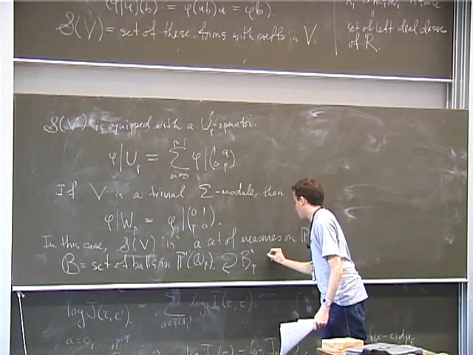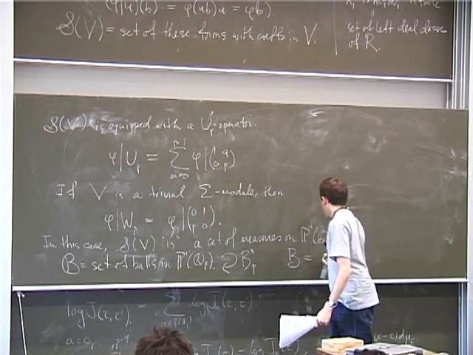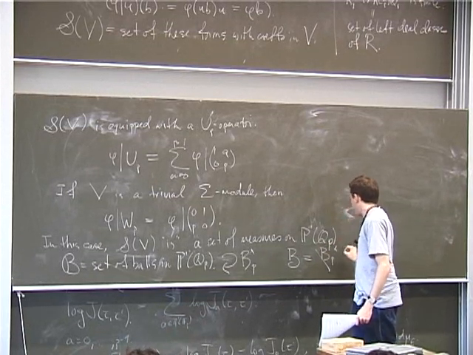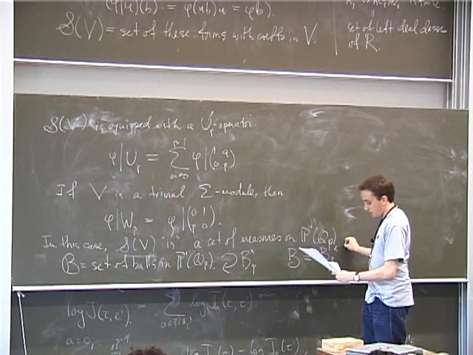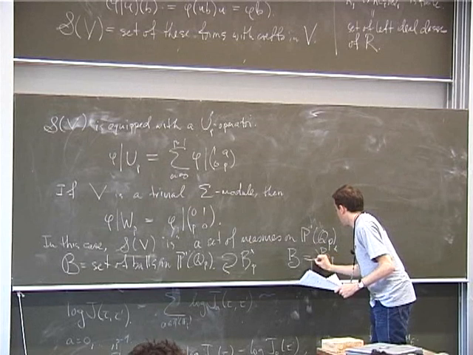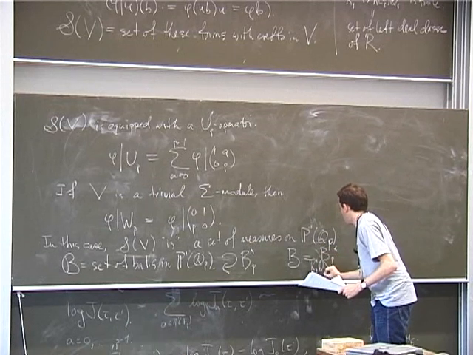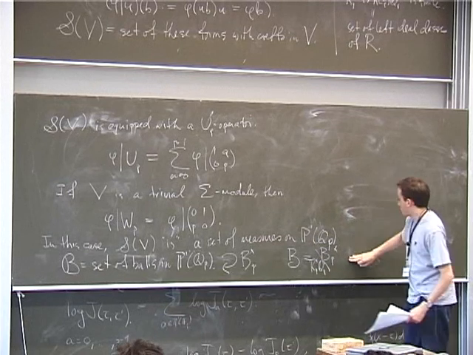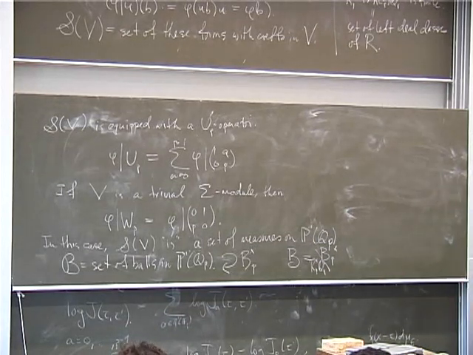So what we have is B identified with B_p star mod, on which side? Mod R_p star Q_p star. This is as a coset space.